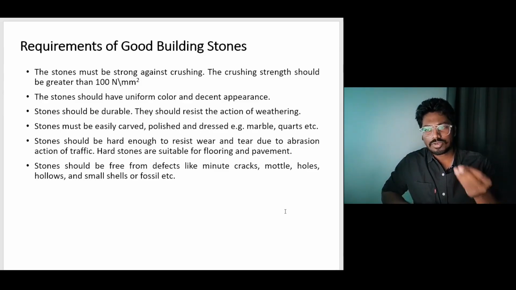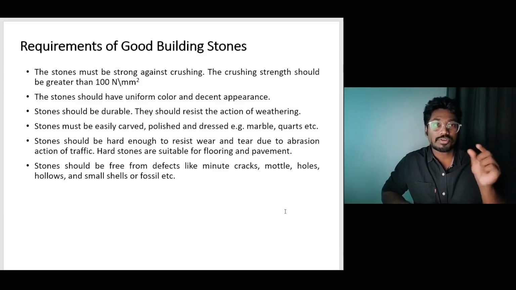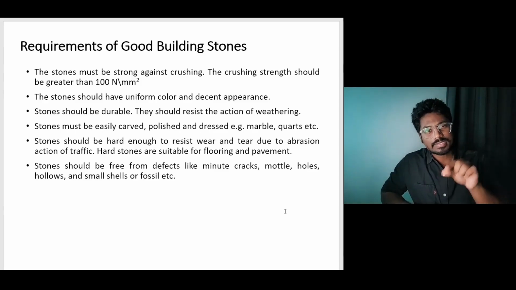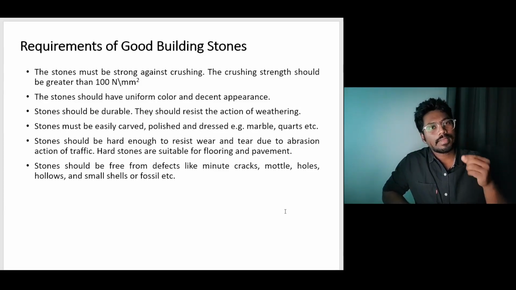But having any sort of minor cracks or hollows or any sort of fossilized plants present in the stone will be a weak joint, which might be a possibility for a failure to occur.